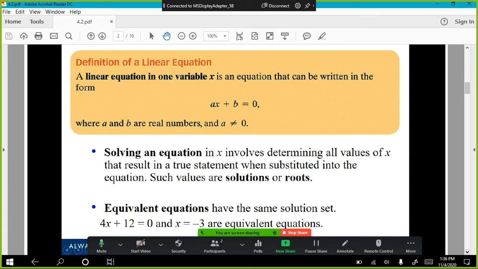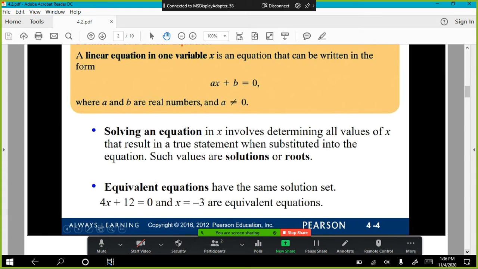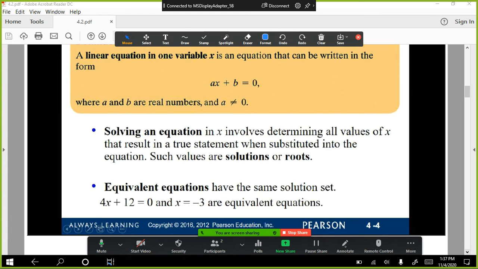And remember what solving an equation is. It is basically telling you what value or values of x would make that statement true. So if you look down here where we have 4x plus 12 equals 0, that's a linear equation, right? And we want to know what value of x would make that true. This is in our two-step equation format where we would just subtract the constant, and then I'd have 4x equals negative 12.